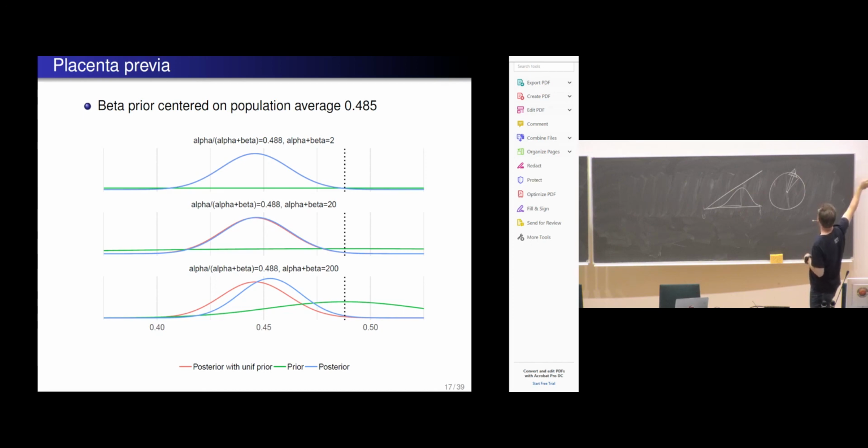That's already quite weak. And then that is not changing much our inference. It's slightly changing the mean of the posterior, but you can see that, for example, the cumulative density is not changing much there. So we would need to make this prior quite strong before our conclusions about this placenta previa would change.